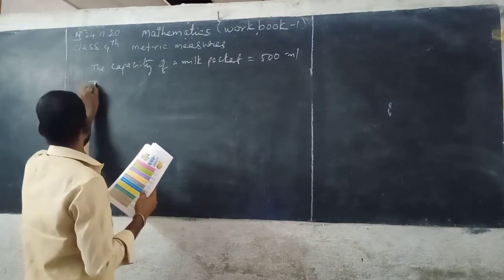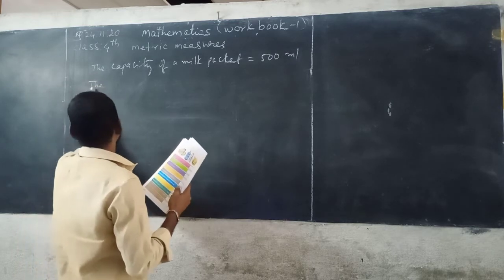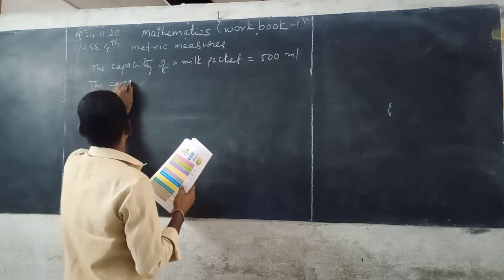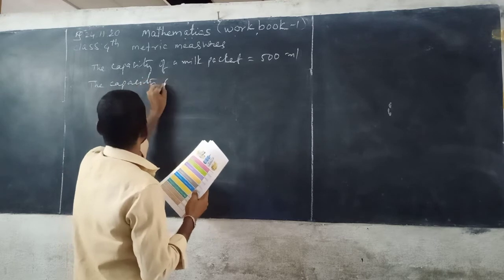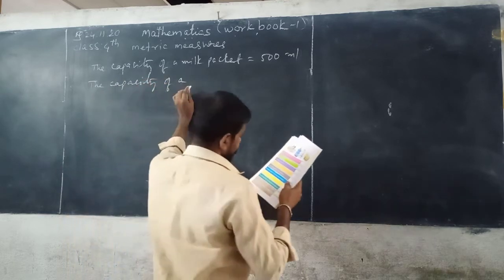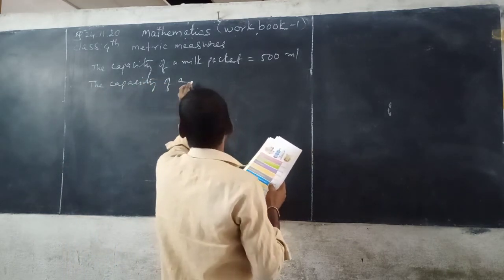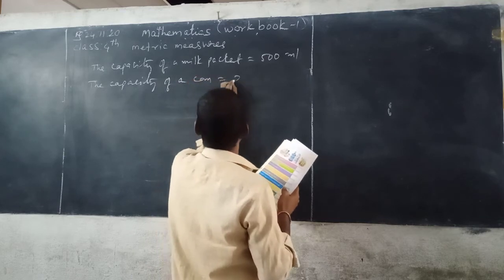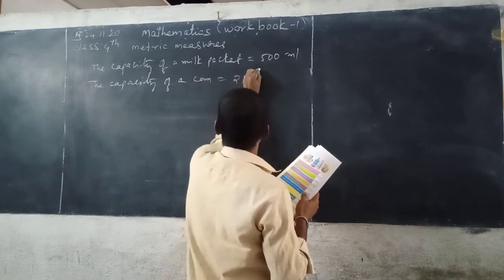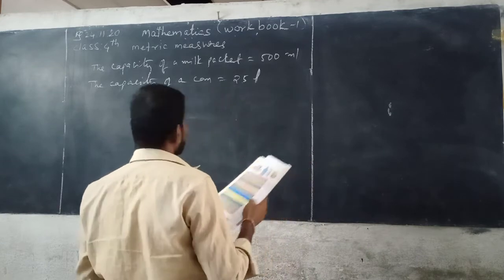The capacity of a can is equal to 25 liters.